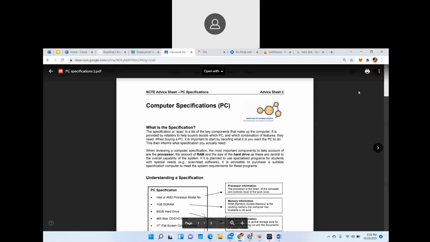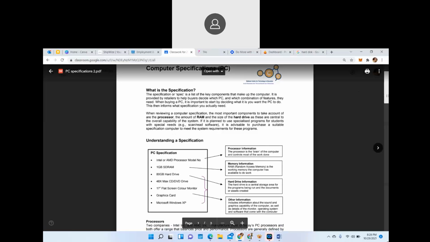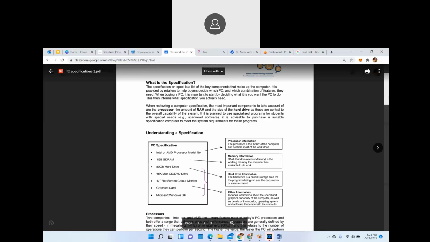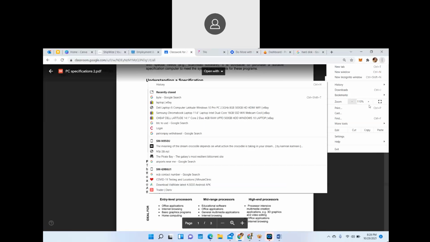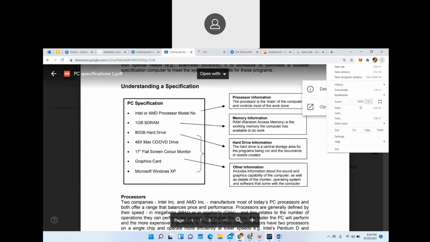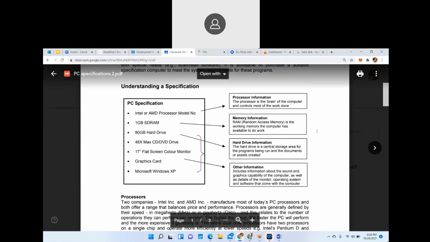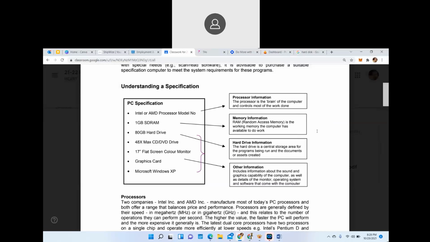Now let's take a look at some more PC specifications. Usually the first line on a specification talks about the processor, right?